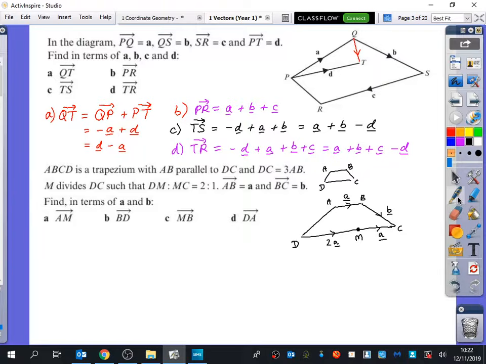No, but it's better to underline them. It's always better to underline them. Make sure you're underlining your vectors, please.